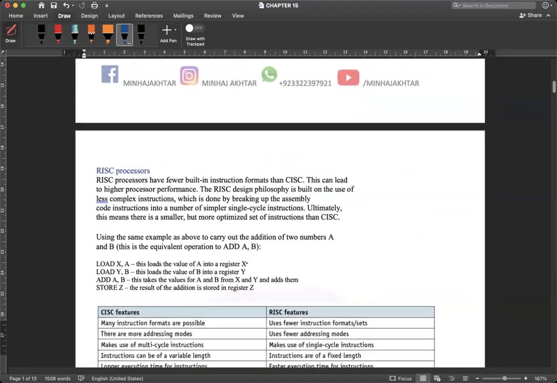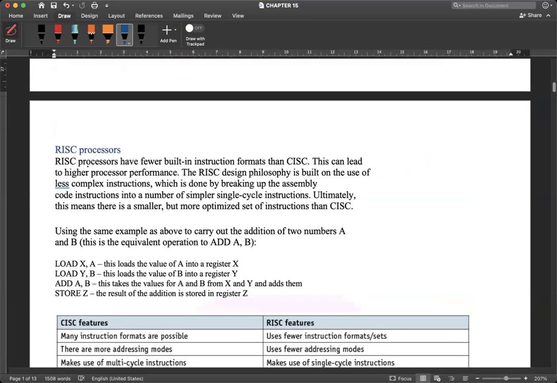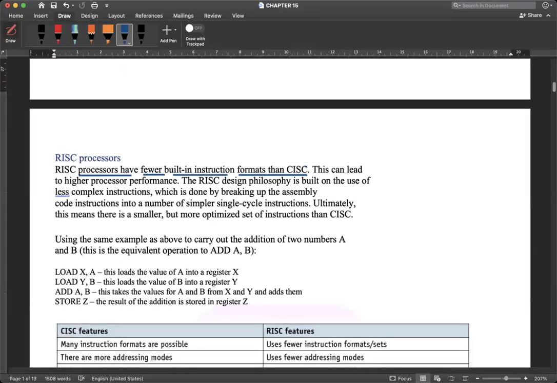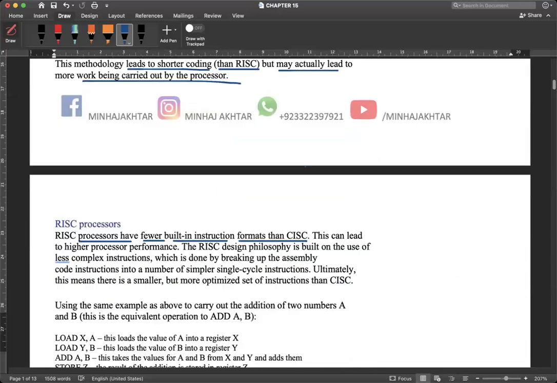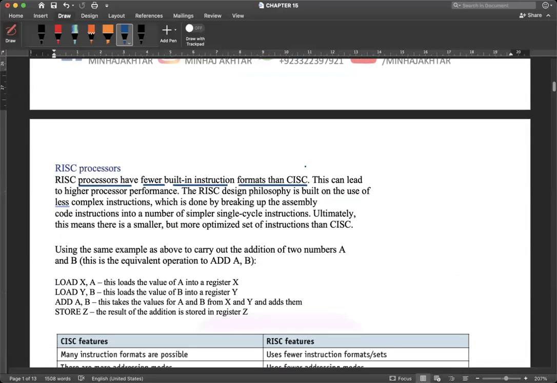Yeah. Let's discuss RISC processors. RISC processors have fewer built-in instruction formats than CISC. Fewer means they are short of instructions. So CISC processors have more assembly code instructions, and RISC have fewer.